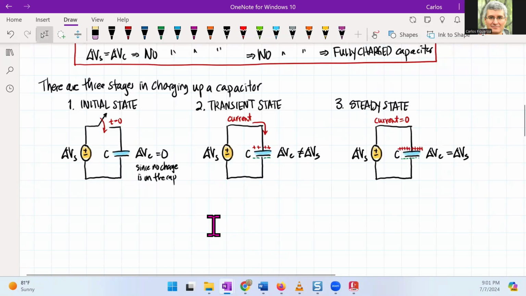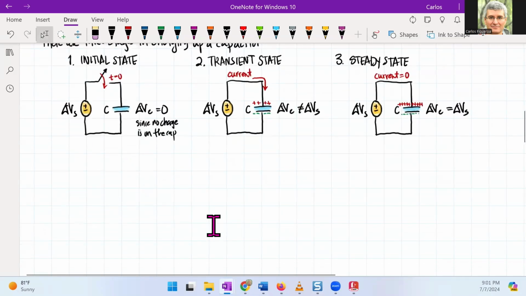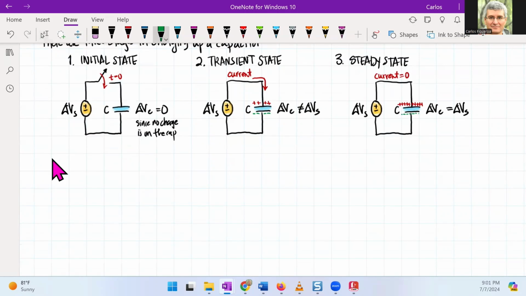So now let's go into more details. So what do we know about this thing? We know this. Initially, the capacitor is uncharged.